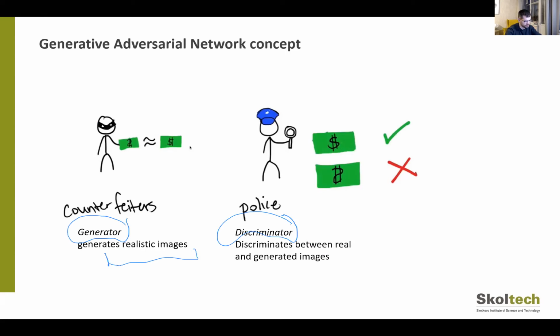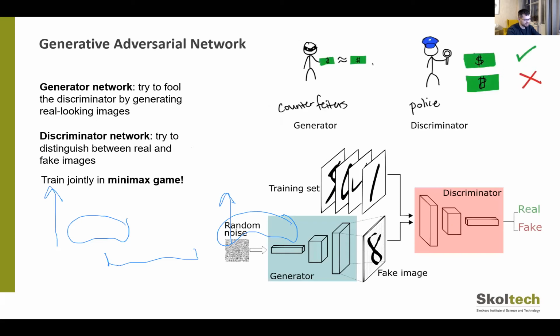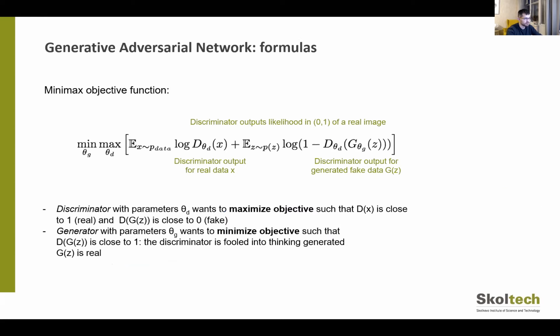So if we improve the discriminator, then we have an improved loss function for the generator, we improve the generator, and in the end we have a very realistic generator that generates very good looking money, for example, or very good looking images, or whatever we want to generate with it.